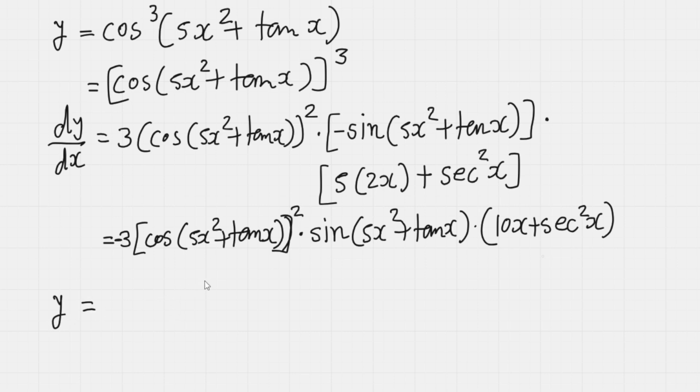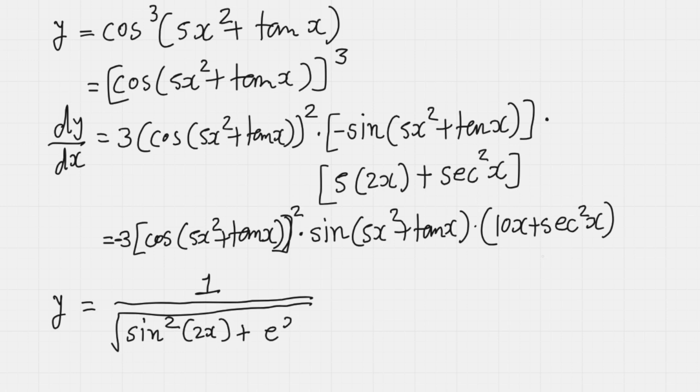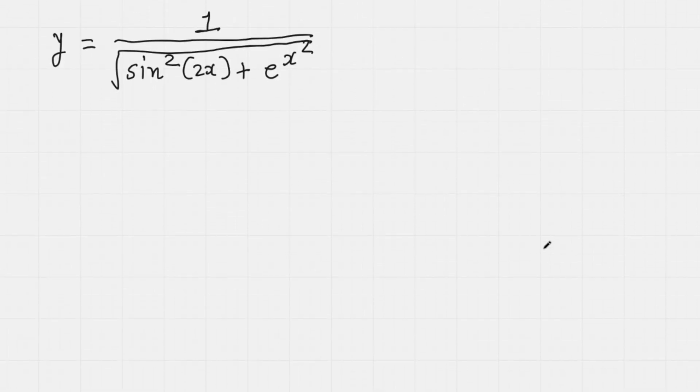y is equal to 1 over the square root of (sin² 2x + e^(x²)). Okay. So dy/dx would be, first let us rewrite this function as an exponent because we want to convert this square root into an exponent.